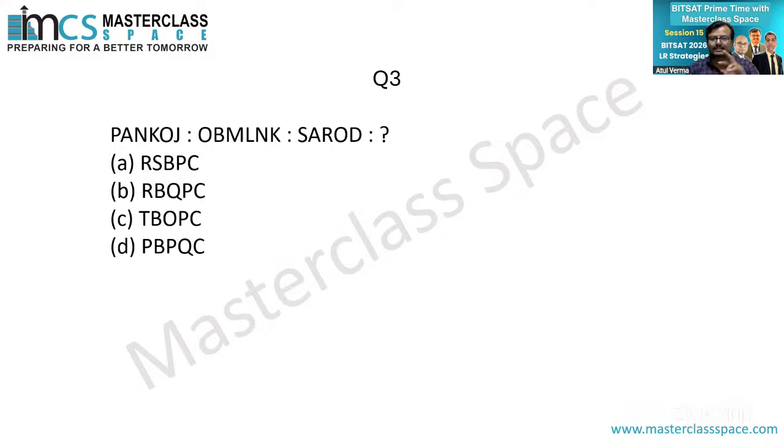So we are seeing a kind of relation where in the first place, the preceding letter was used. In the second place, the succeeding letter was used. So our intuition might be that in third place, again, the preceding letter should be used. Let's try to see, is that working or not?